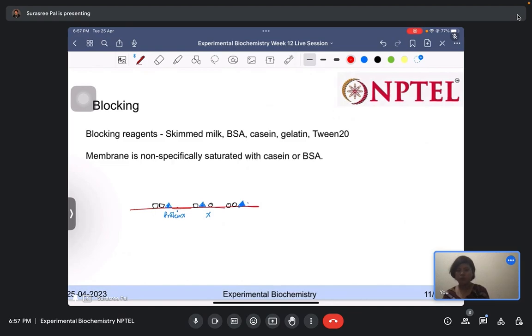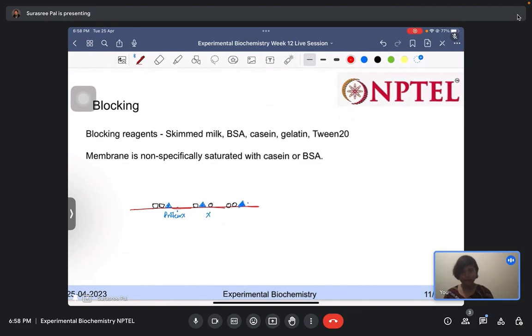This part of the membrane is free, but this membrane is a charged membrane. So when we treat the membrane with antibodies for staining, for detection, these antibodies can bind to these empty spaces on the membrane and give non-specific signals.